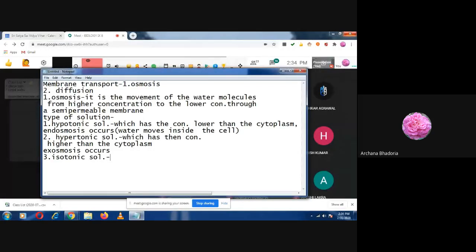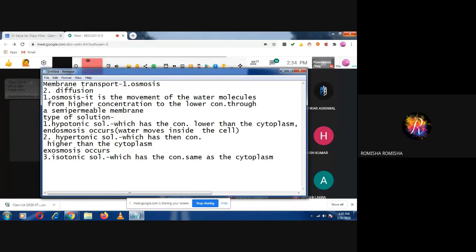So the solution which has the concentration same as the cell cytoplasm. Clear to everyone? Understood everyone? अब अगर वो same है, तो tell me which type of osmosis will occur? Will the water movement occur or not?